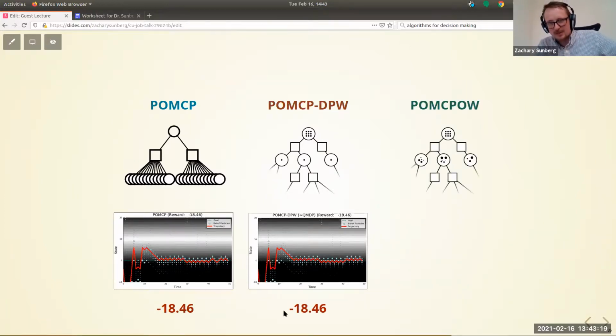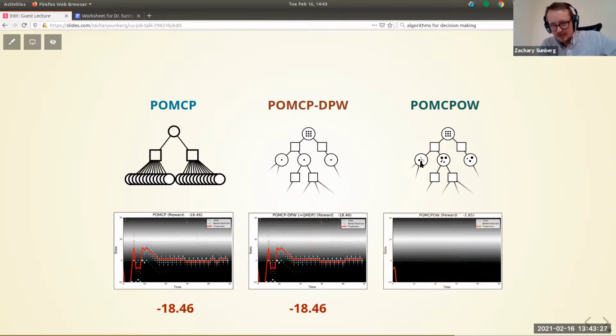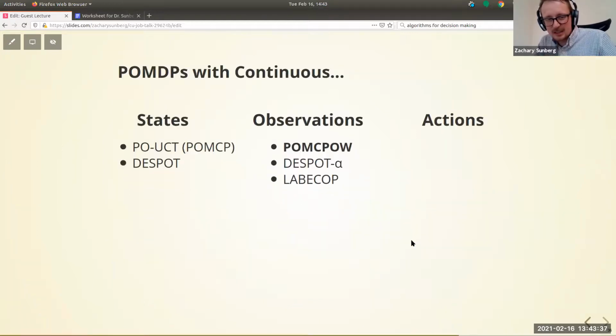So we introduced a new algorithm called POMCP, and the innovation there was using weighted particle filters, which allows us to actually handle those continuous observation beliefs correctly and solve this problem correctly. So I would say the continuous observation problem, we've made a lot of progress on that. There's a few other algorithms called Despot Alpha and LabCop, which is something about lazy belief expansion, which use these weighted particle filters also, so they can handle continuous observations.